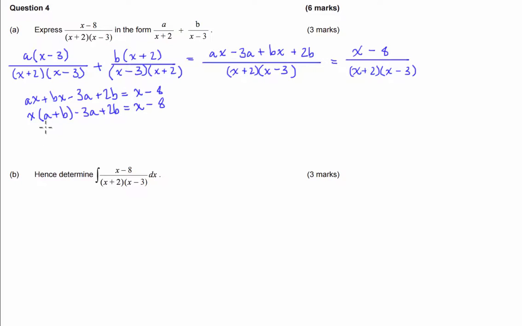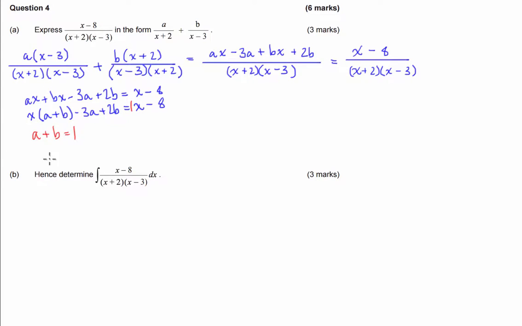Cool. Now what we can see here is the number out the front of the x is 1. So here we have a coefficient of 1 for x on the right hand side of the equality. Therefore, to make the coefficient in front of the x on the left hand side 1, a plus b has to equal 1.